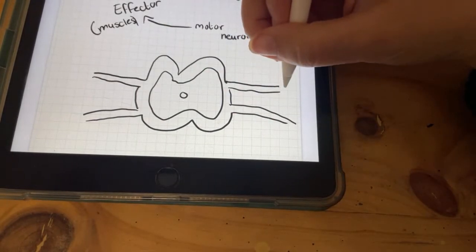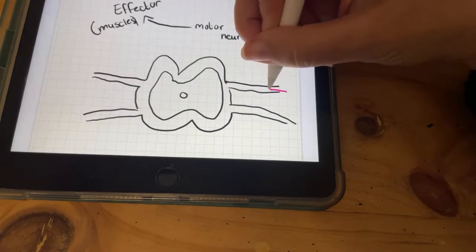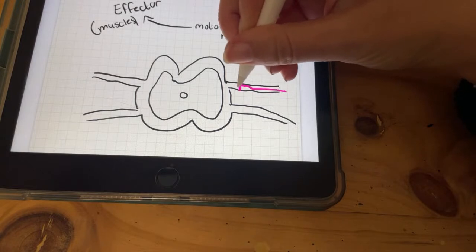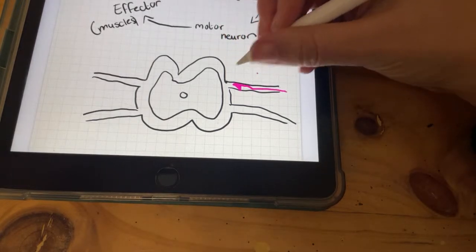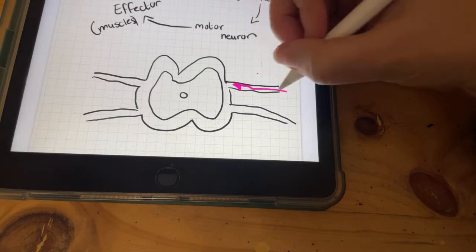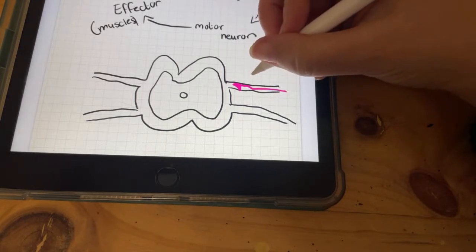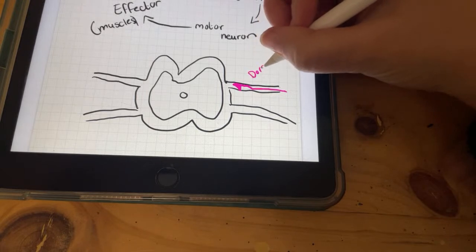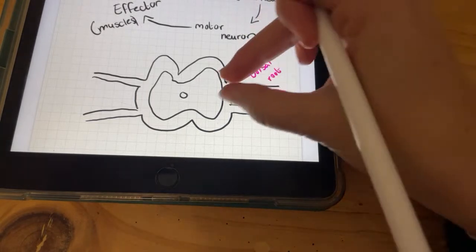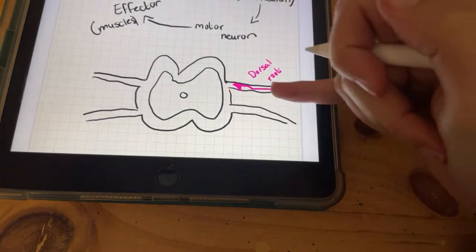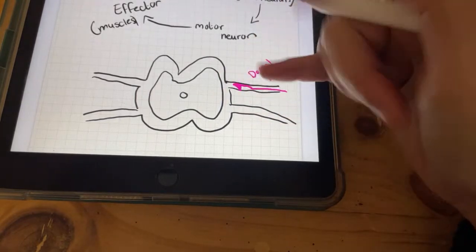So what's going to happen is our information is going to come up here through the sensory neuron, on this side. This is a sensory neuron running up here, and this is in the dorsal root. So this thing is the dorsal root, and this pink line is my sensory neuron.